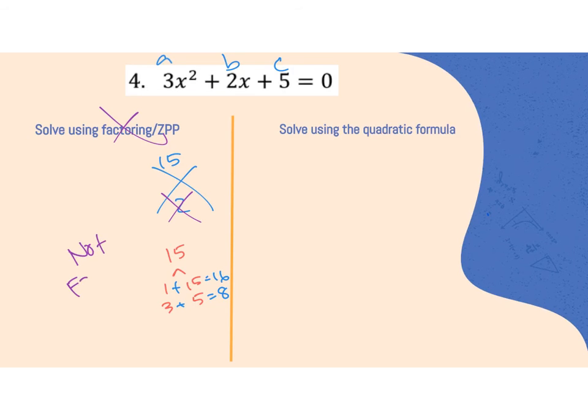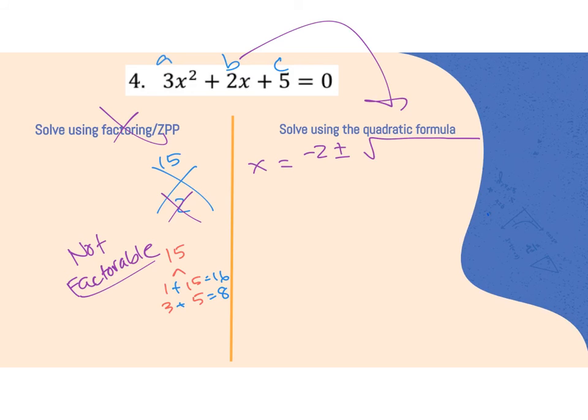Okay, so I can't factor it, so let's go over to the quadratic formula and see what happens here. So if I plug this into the quadratic formula, I've got x equals -2 plus or minus the square root of 2 squared minus 4 times 3 times 5 all over 2 times 3. Start under the radical and see what happens.